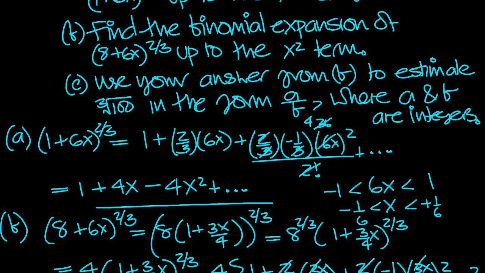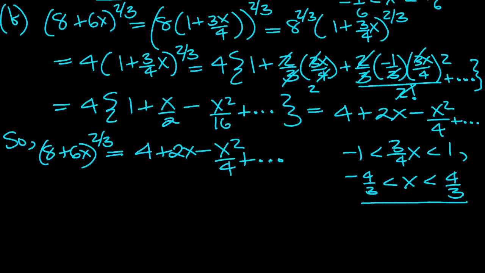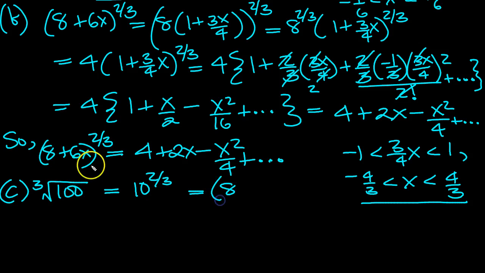Now, okay, cube root of 100. Right, let's have a look at this then. Well, part C, the cube root of 100 is equal, 100 is 10 squared, so it's 10 squared cube rooted is 10 to the 2 over 3, which is equal to 8 plus 6 times, now we want to add on 2 to 8 to get to 10, don't we?